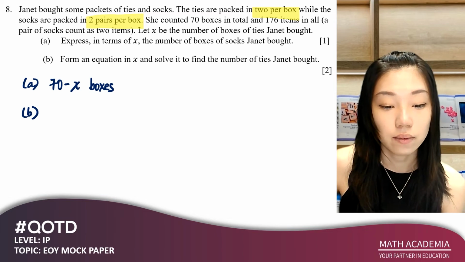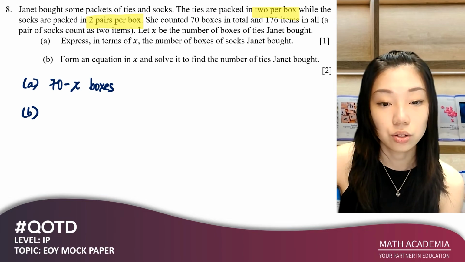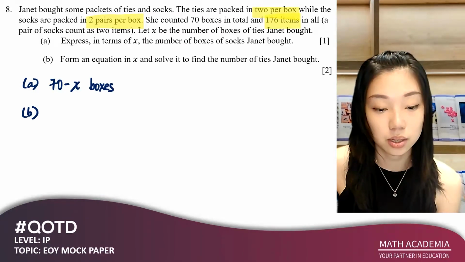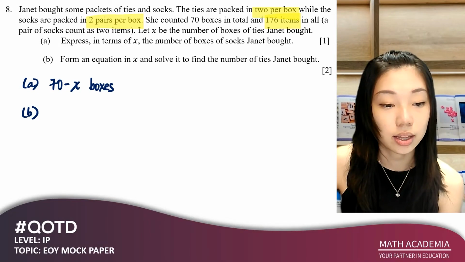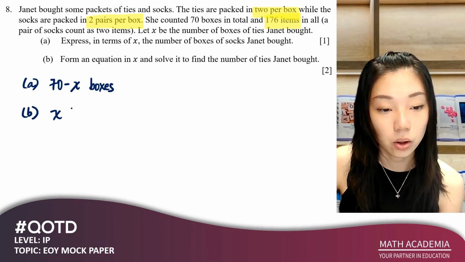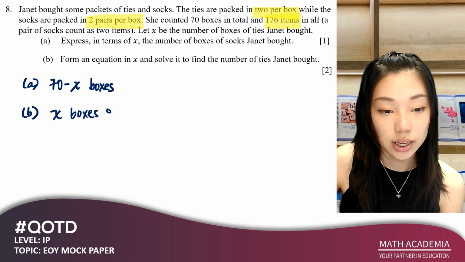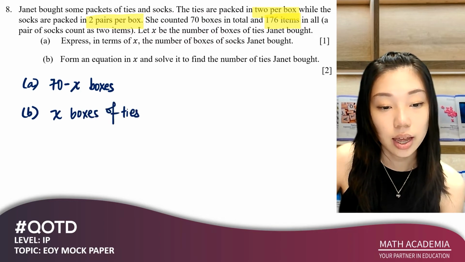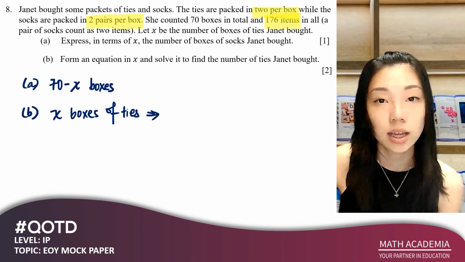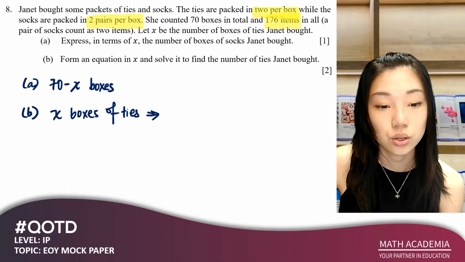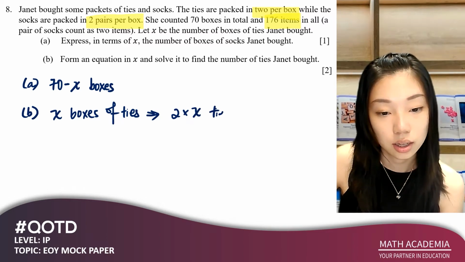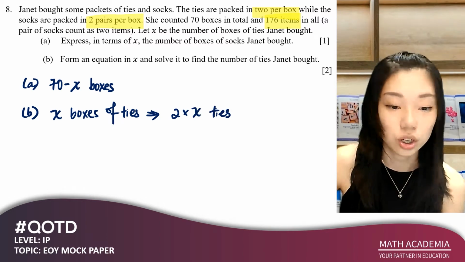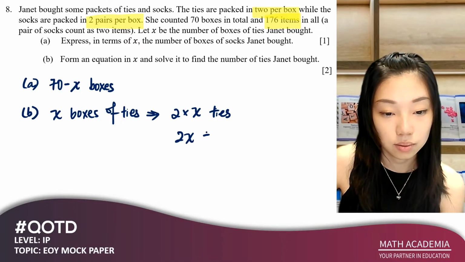We know that there is a total of 176 items. The question already told us that Janet has x boxes of ties, and in each box of ties, there are 2 ties. So I have 2 multiplied by x number of ties, which is 2x ties.